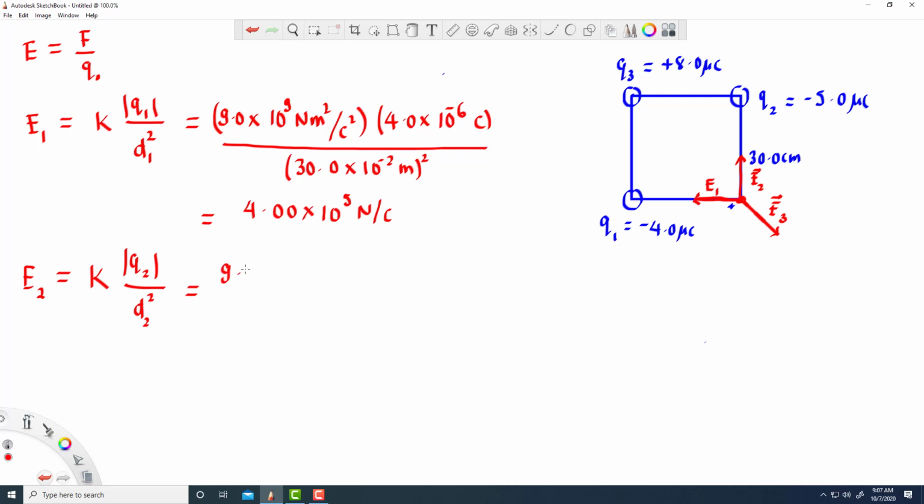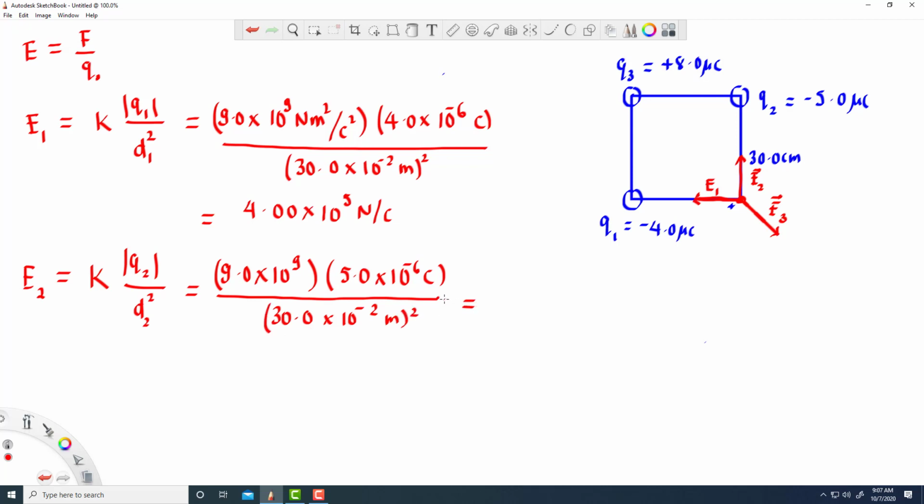So 9 times 10 to 9. Charge Q2 is 5 times 10 to negative 6 coulombs over distance 30 centimeters, converting that to meters, squared. That will give me 5 times 10 to 5 newton per coulomb.